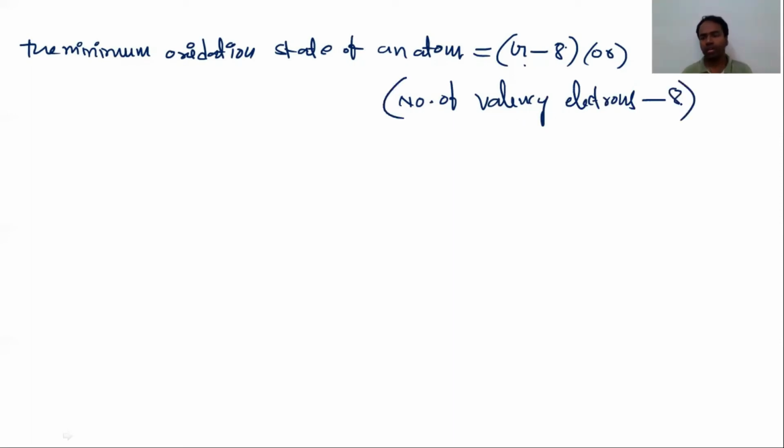So this is the formula to find the minimum oxidation state.